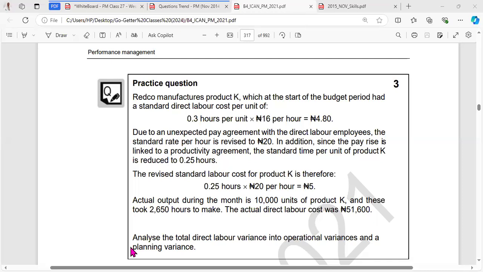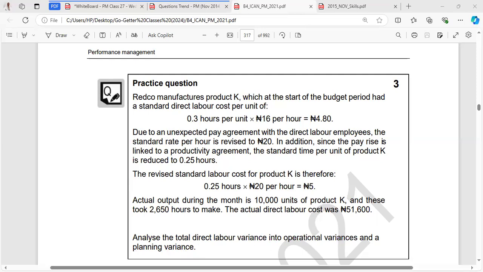So we don't need to do efficiency and rate variance here because we just want the total planning variance.